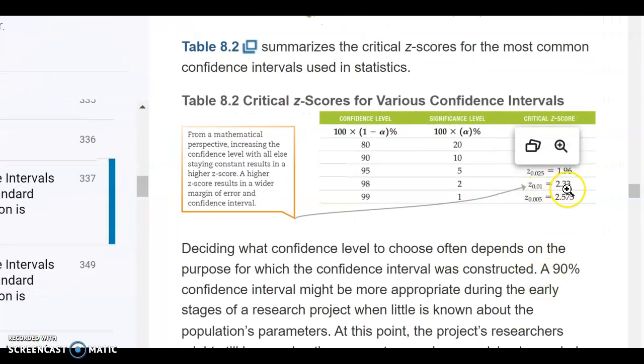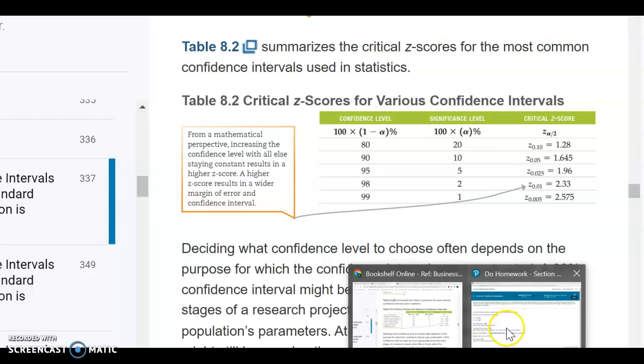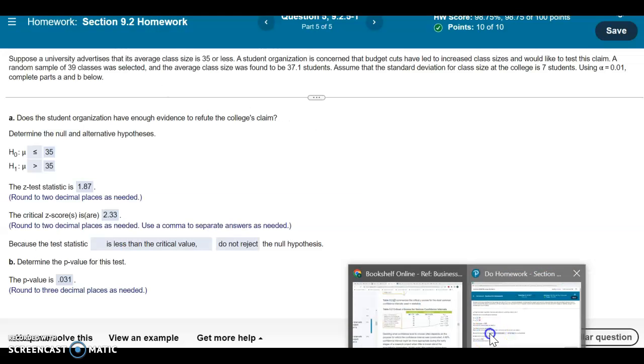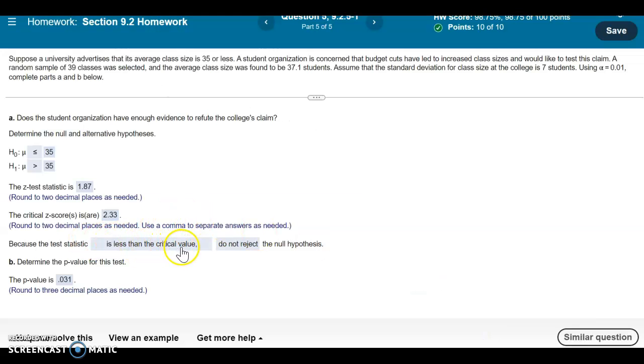So 2.33 is our critical value. Okay, so since our test statistic, 1.87, would be somewhere to the left of it, it's not in the rejection area. So we would not reject it. So since it's less than the critical value, do not reject the null.